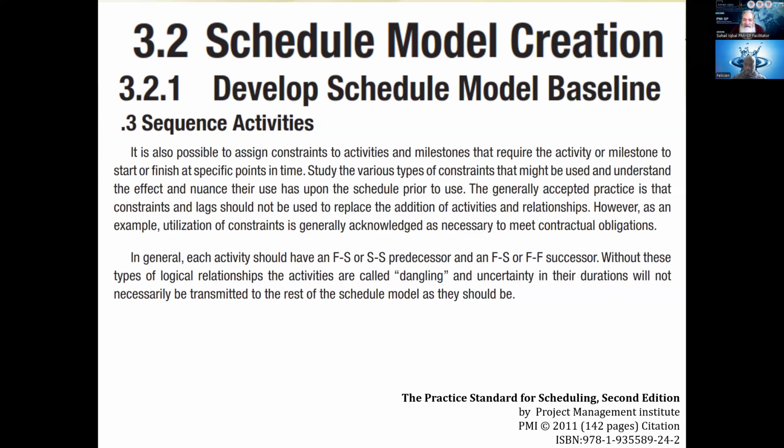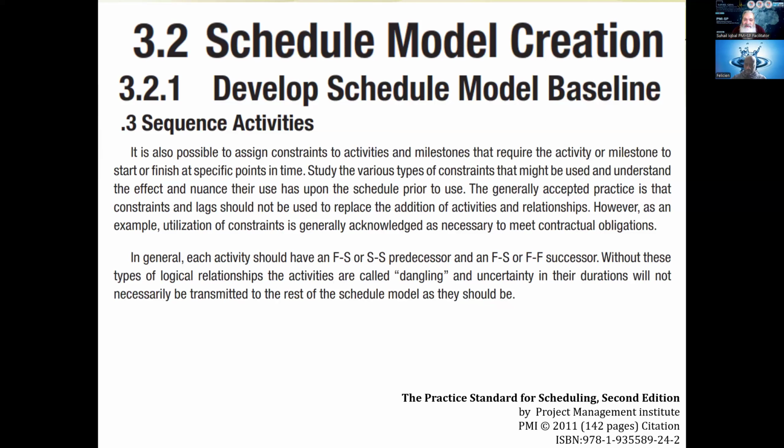And similarly, any successor activity could have an FS or FF relationship. You understand? Anyway, this is just an explanation of what we already understand. Don't get confused from that.